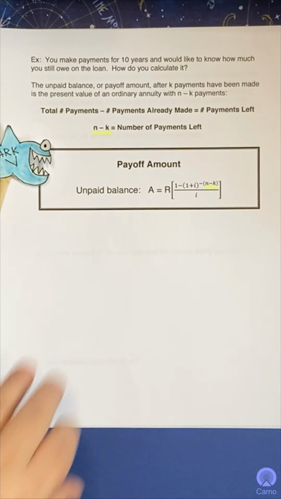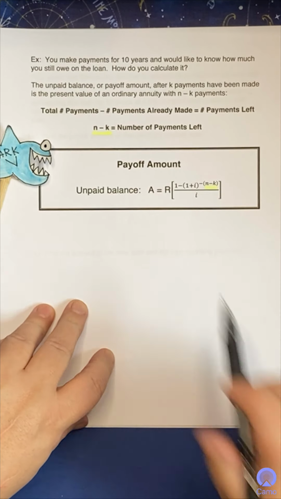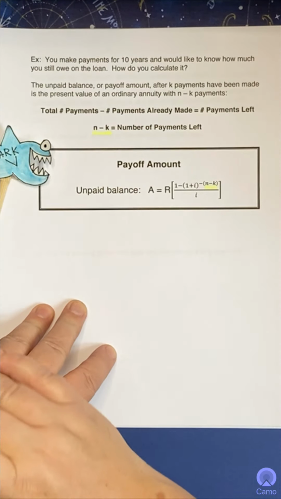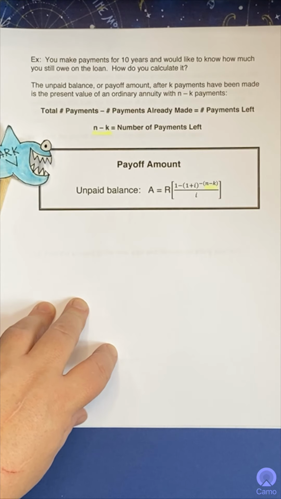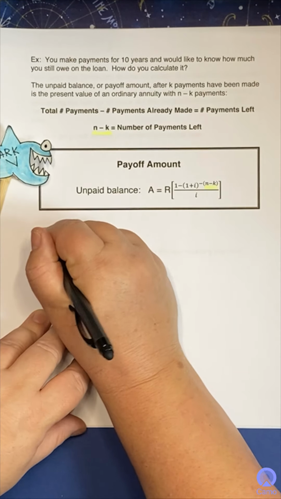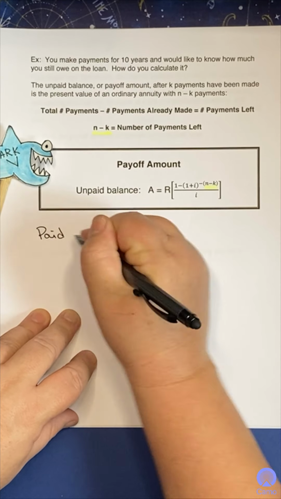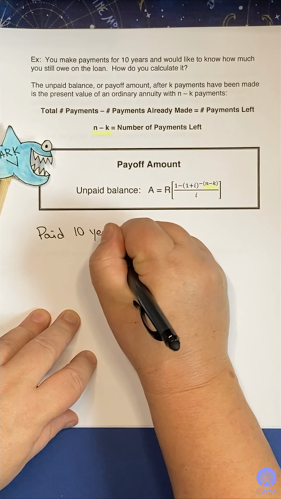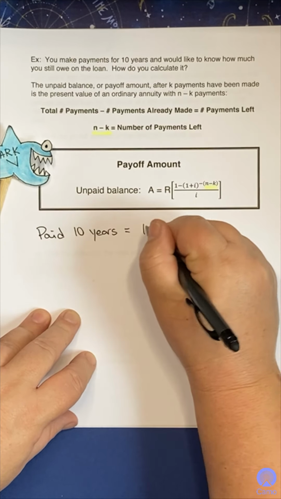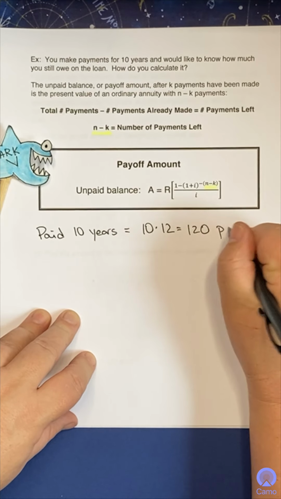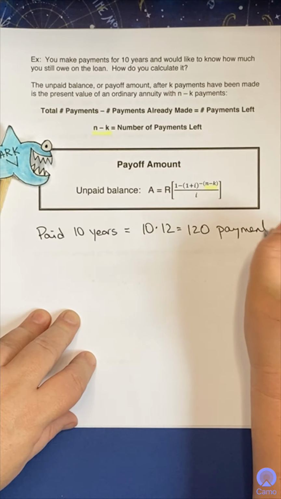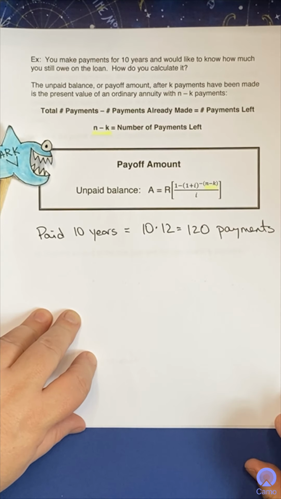So let's look here at this problem. We've made payments for 10 years. So in order to calculate this, we paid for 10 years, which is 10 times 12, which is 120 payments. So we've paid for 120 payments.